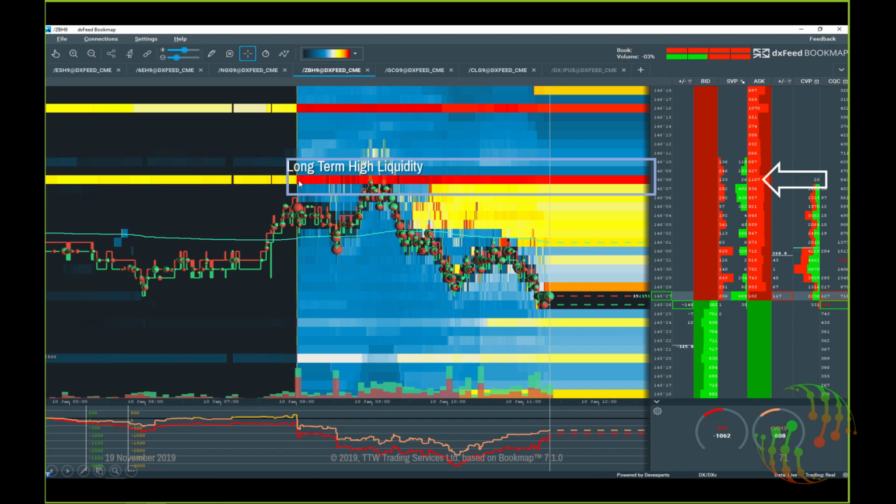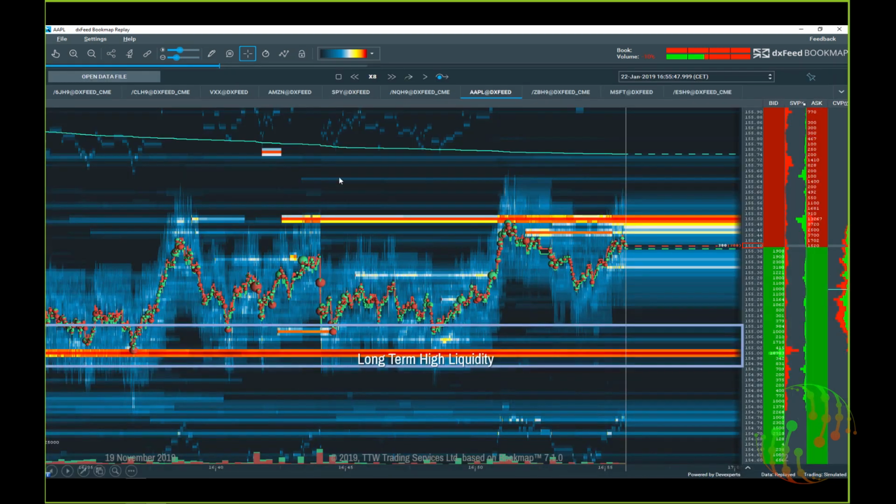It starts at 8 o'clock here, my time, and it lasts a long time. You can make your own rule, but everything that is longer than 1 hour in the book is long-term high liquidity to me. So you see that here, it stays in the book.